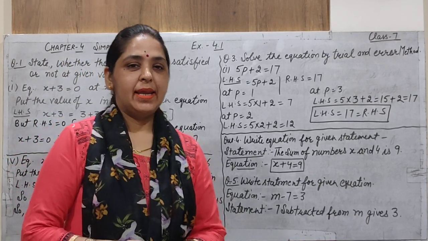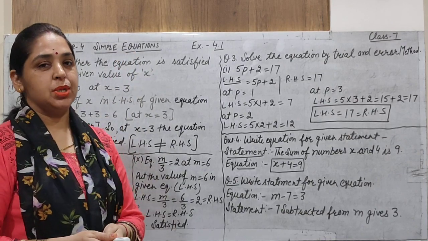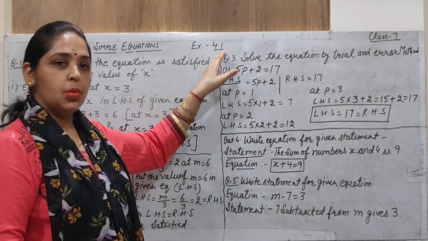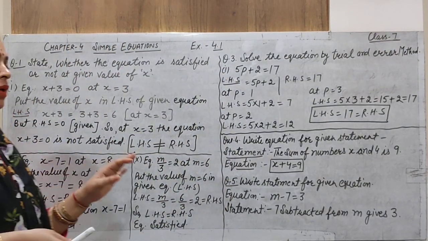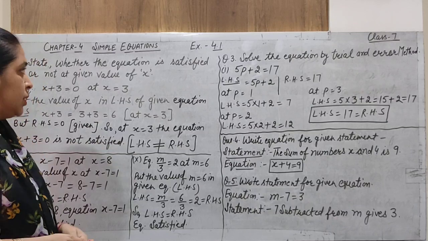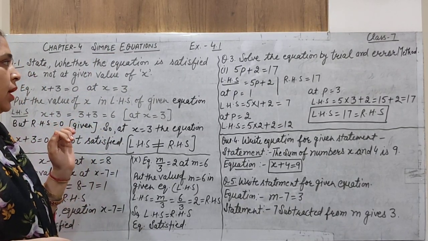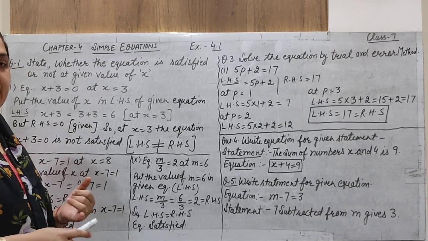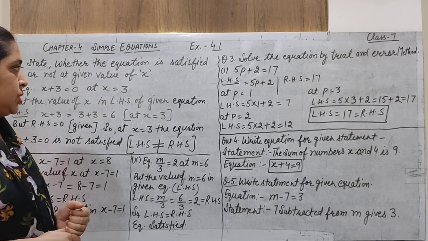Hello students, let us start our chapter 4, that is simple equation, exercise 4.1. In exercise 4.1, as I give you a brief introduction of the chapter, simple equation is totally related with algebra. In algebra, we deal with x, with the constant and some mathematical operation.